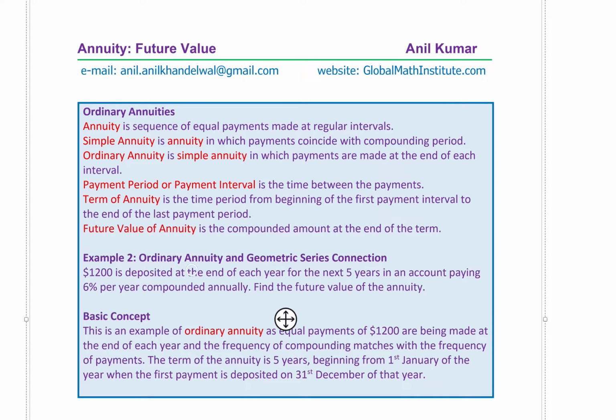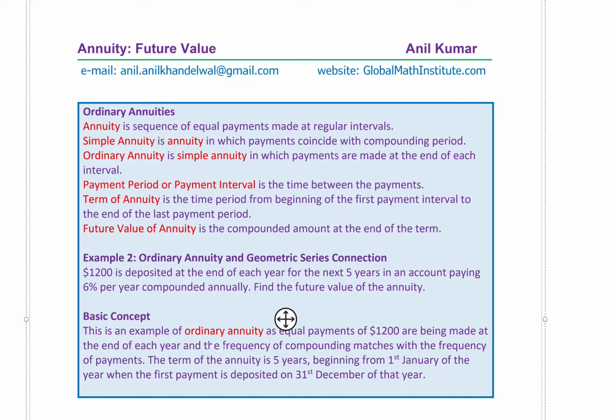Example 2. Ordinary annuity and geometric series connection. $1,200 is deposited at the end of each year for the next 5 years in an account paying 6% per year compounded annually. Find the future value of the annuity. So in this, let's try to understand the basic concept.